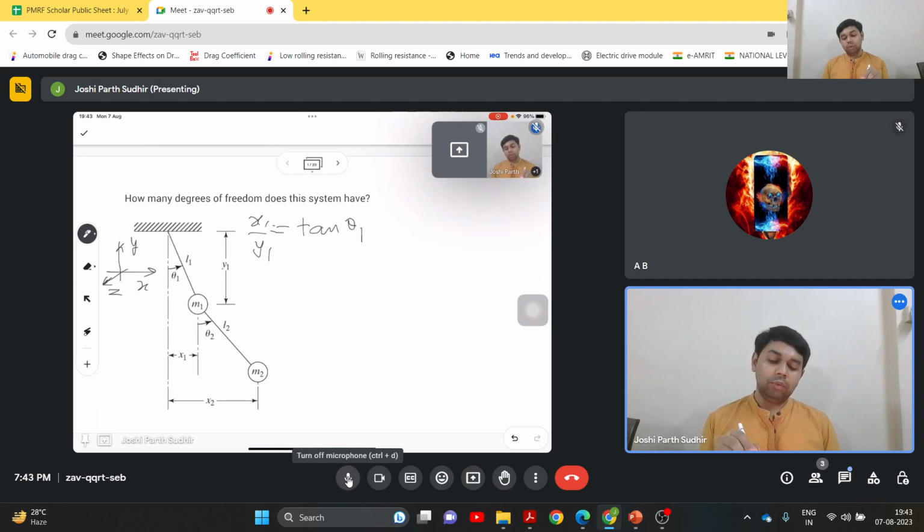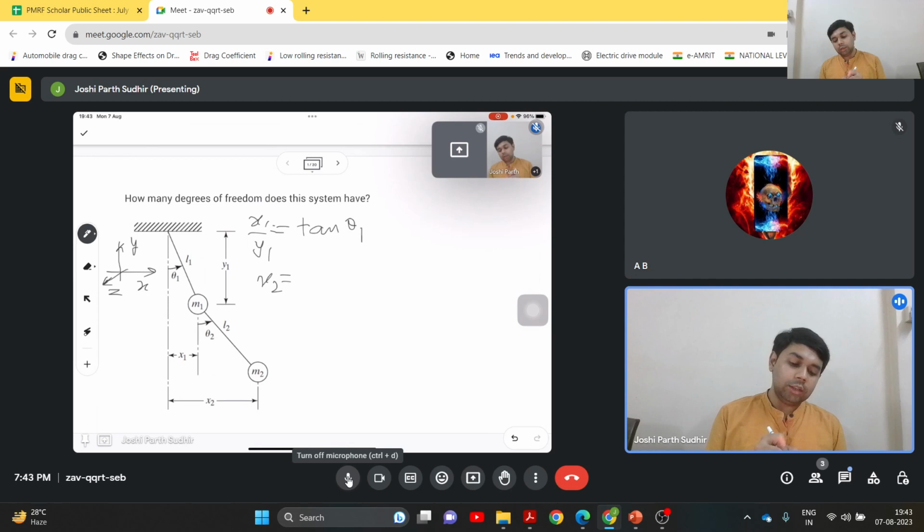So if we know theta 1 and theta 2, because the length L2 is known and fixed, we can write down x2 in terms of x1.